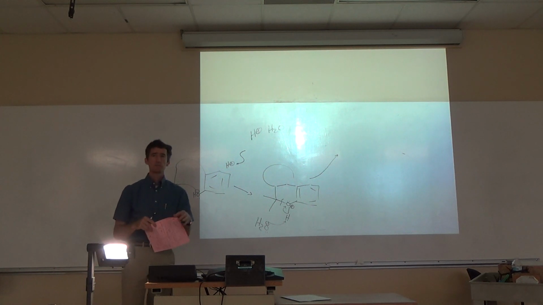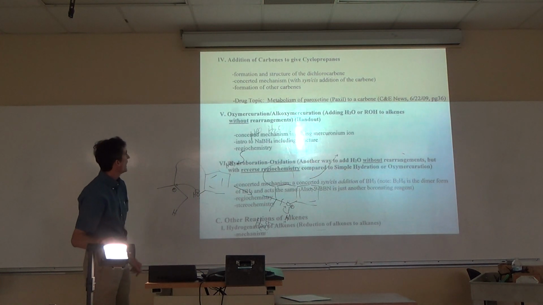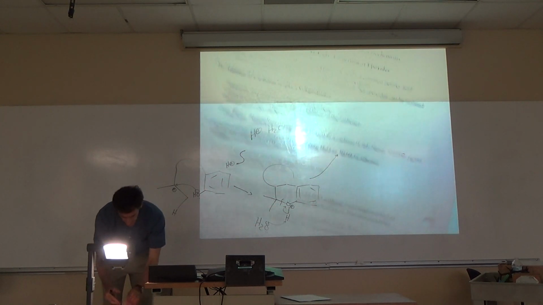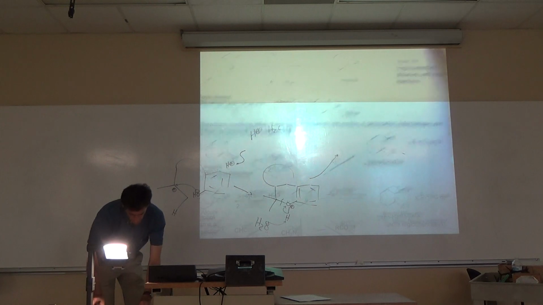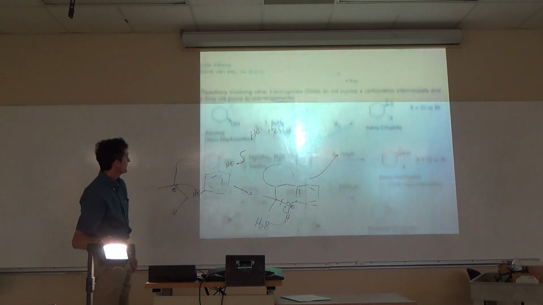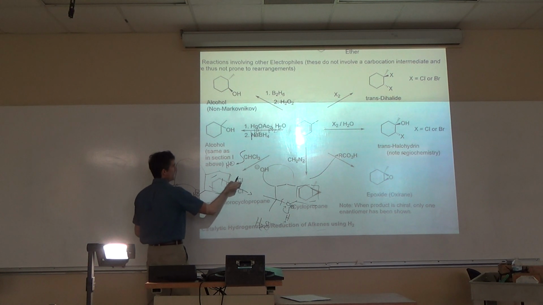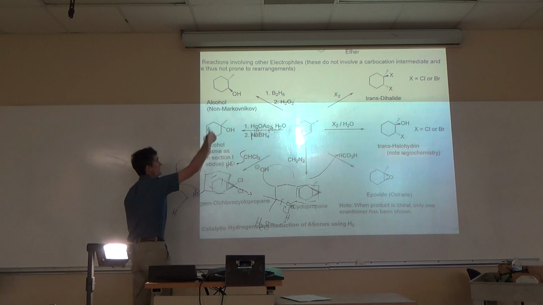Mainly because we got back bonding. Cyclopropanes we finished up with. Back over here on our outline. Right here. We're ready to look at the last two reactions up in here.